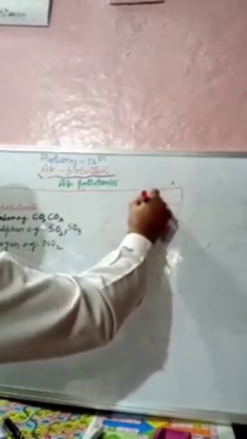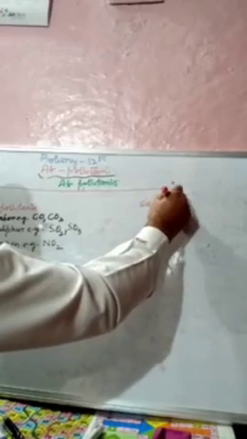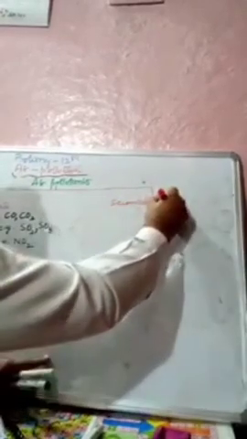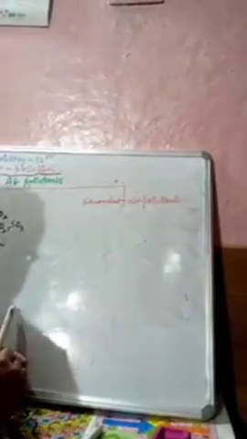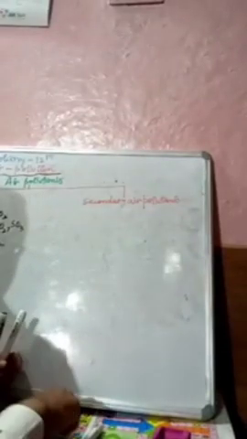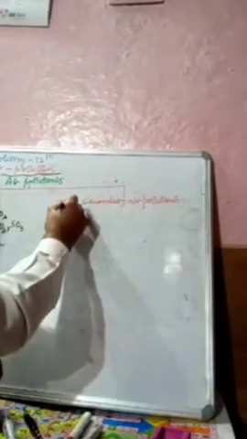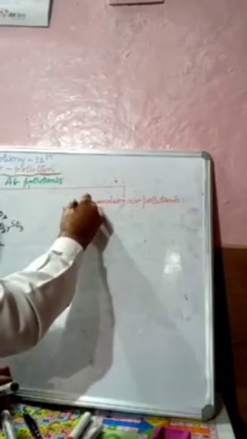Second जो हमारे पास है, that is the secondary air pollutants. अब हम इसकी examples देख लेंगे. First, PAN.